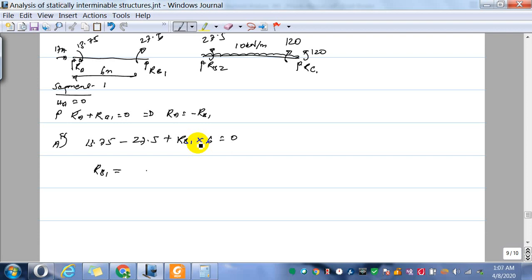So RB1 is 2.29 kilonewton. Okay, the RA is minus 2.29 kilonewton. So these are the reactions RB1 and RA. Then if you take the next part, you can find the segment 2.